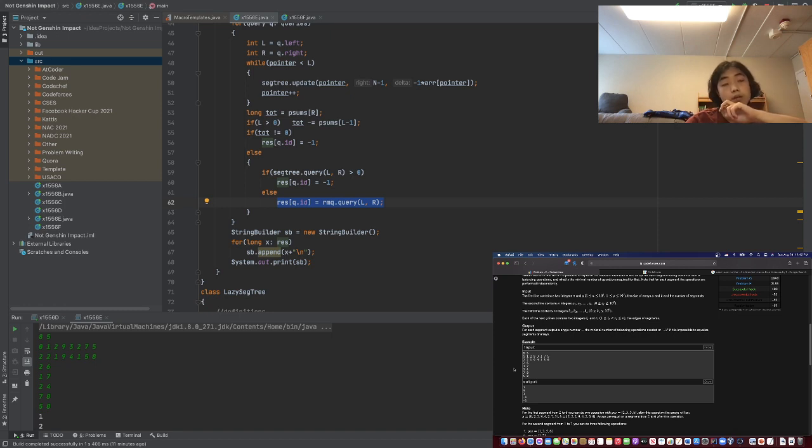Wait, rmq.query, this is a lower bound. Okay, this is a lower bound on our answer, but it's not a good upper bound. An upper bound, maybe it's like -2. Increase. Yeah, it's like increase, decrease, increase, decrease, increase, decrease.